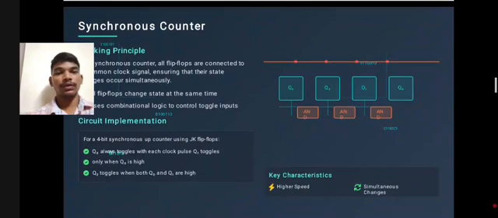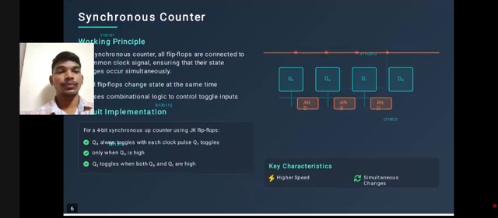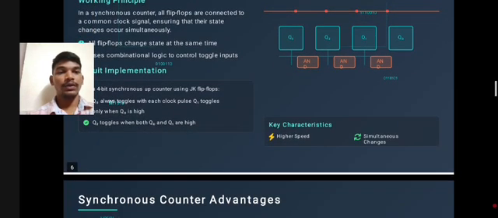Circuit implementation: for a 4-bit synchronous up counter using JK flip-flops, Q0 always toggles with each clock pulse. Q1 toggles only when Q0 is high. Q2 toggles when both Q0 and Q1 are high. Key characteristics: high speed.